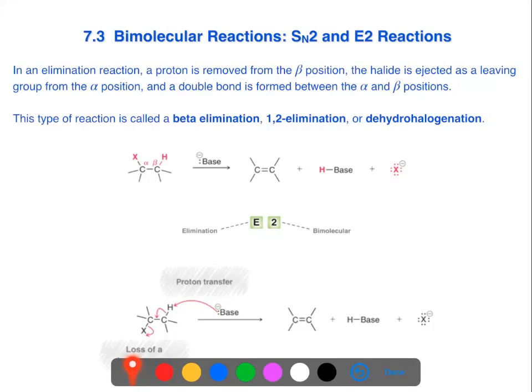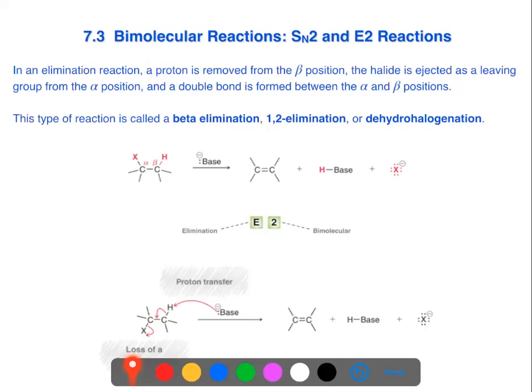So in the concerted mechanism for an elimination reaction, a proton is removed from the beta position and the leaving group is lost from the alpha carbon. And the new double bond that will form, the new pi bond, will form between the alpha and the beta positions. We call the concerted mechanism for elimination E2. E standing for elimination and 2 representing bimolecular.